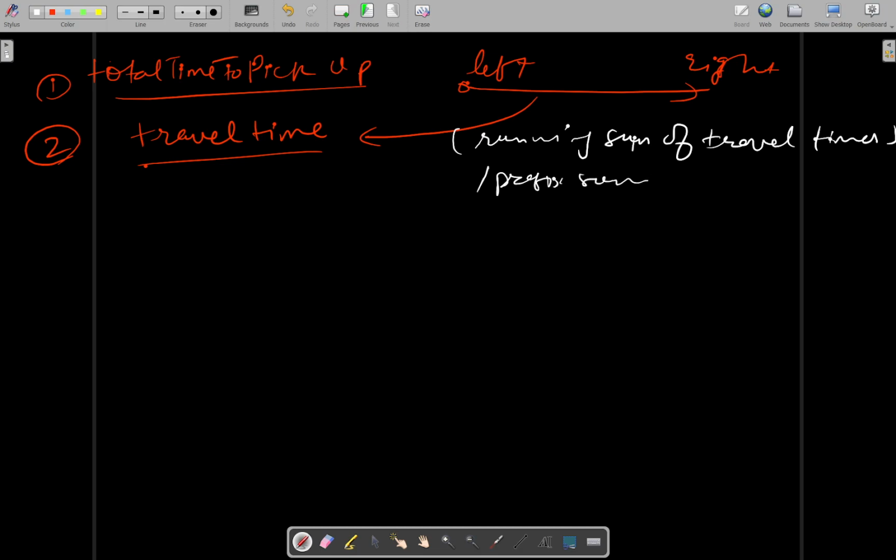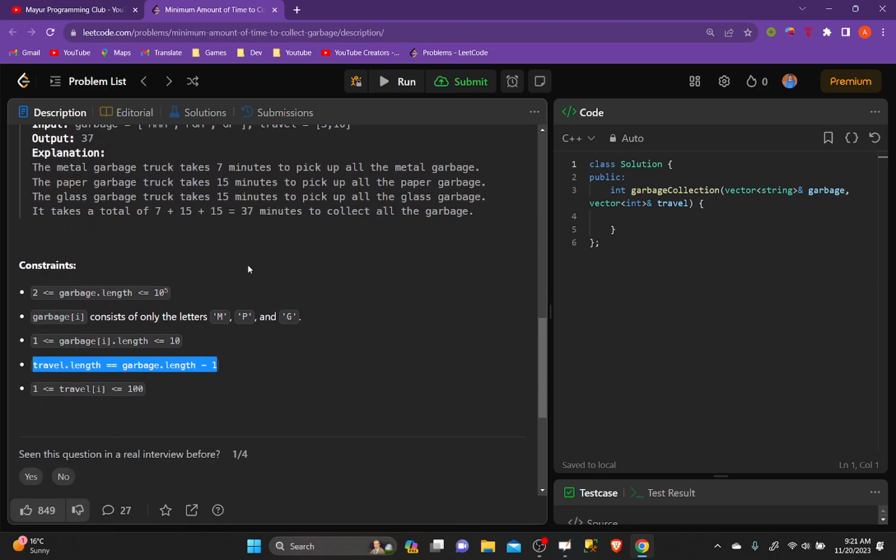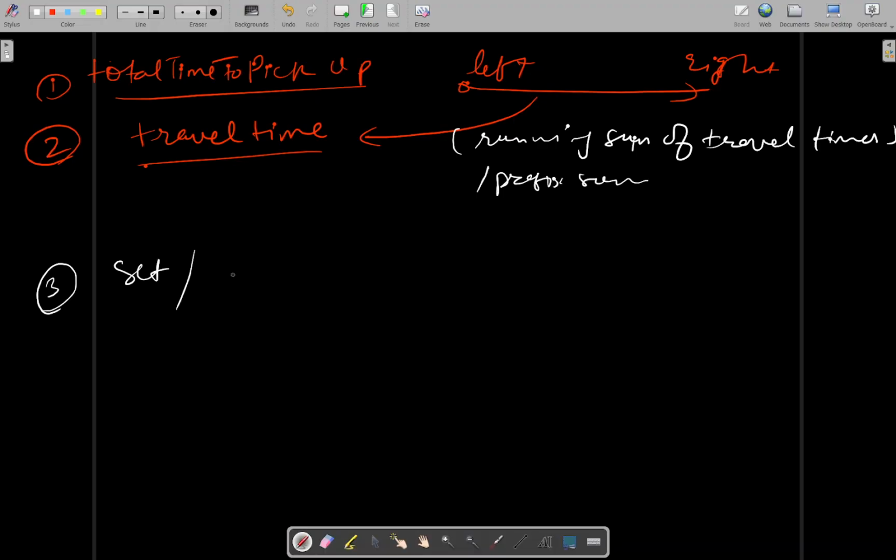And then you will simply be checking how many unique types of garbage each house is having. For that you can use a set, or, since only 3 types of characters will be there, you can use an array of size 3.